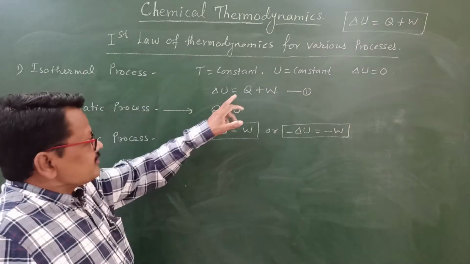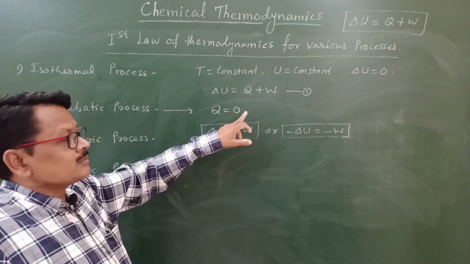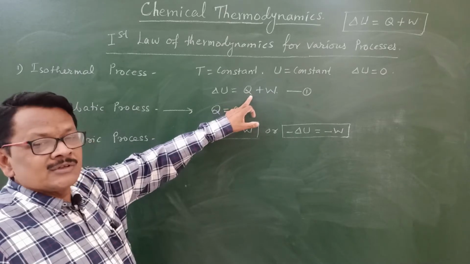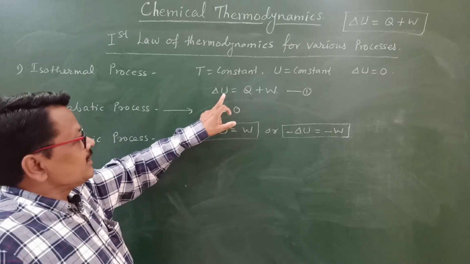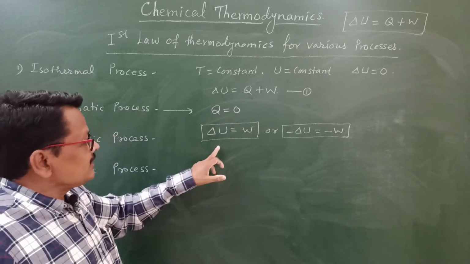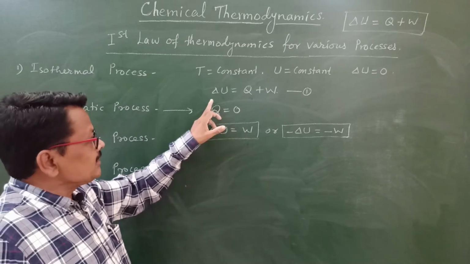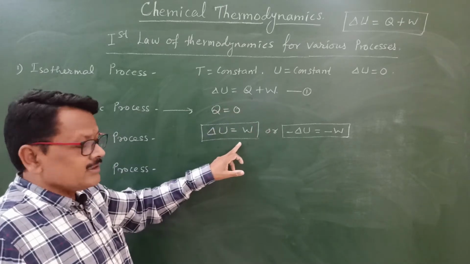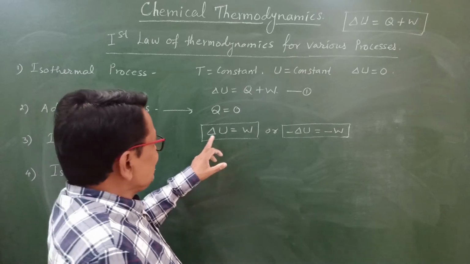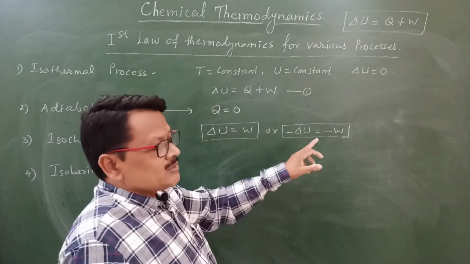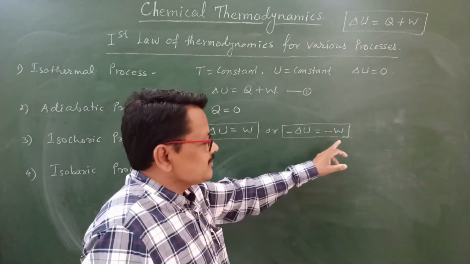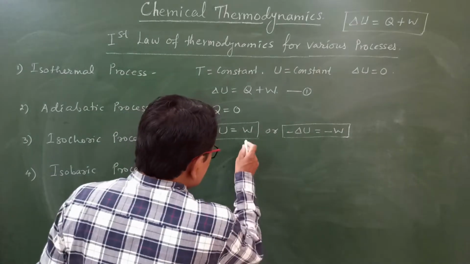In adiabatic process, Q is 0. By putting the value of Q 0 in the first law of thermodynamics, delta U is equal to W. No doubt, it is a plus one. And if you take the minus sign on both, minus delta U is equal to minus W. What does it indicate?